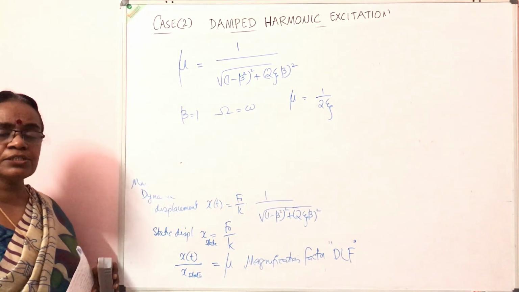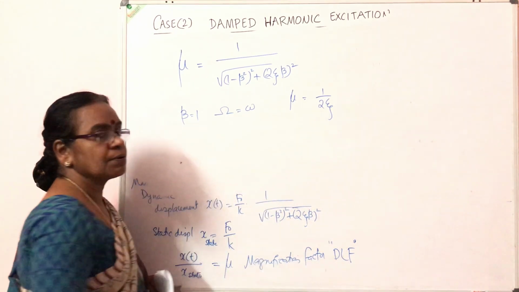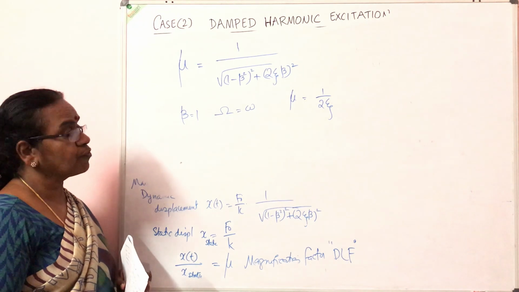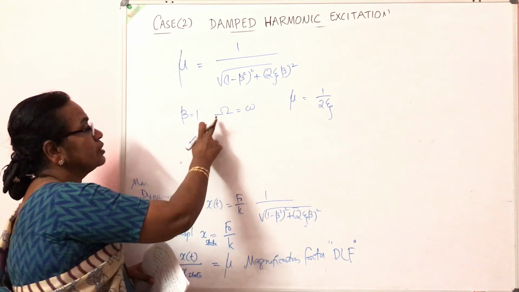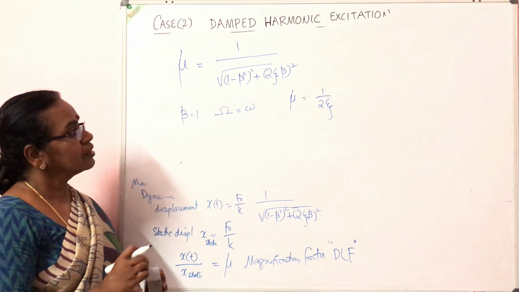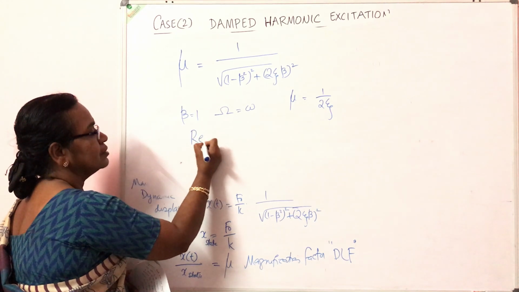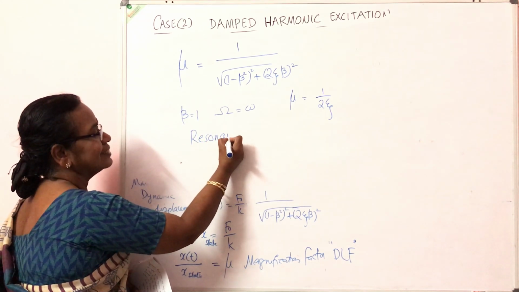The magnification depends upon the damping present in the system. That is, when the external exciting frequency is equal to the natural frequency of the system, this condition is called resonance.